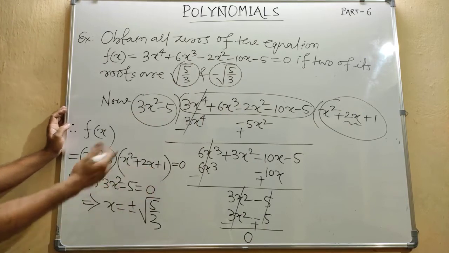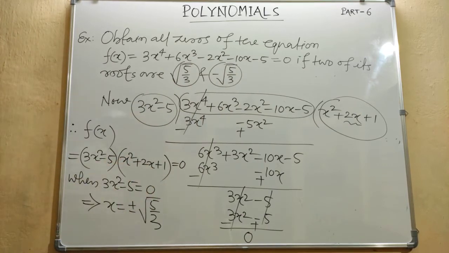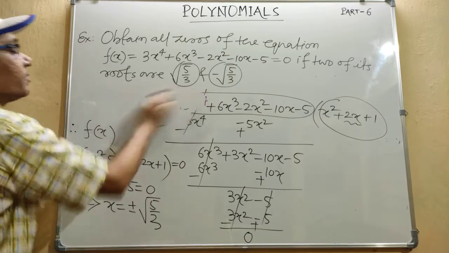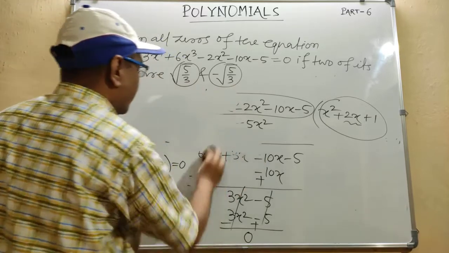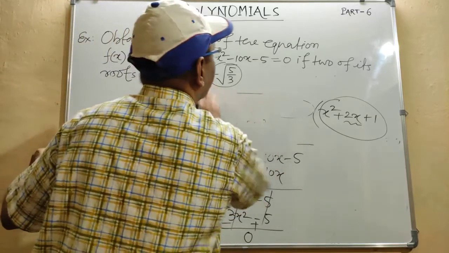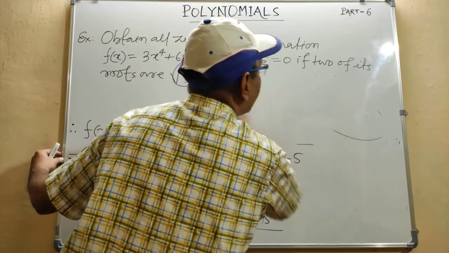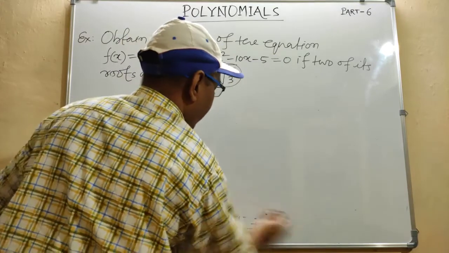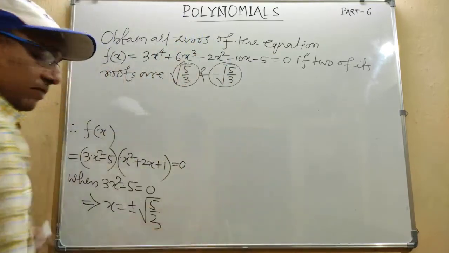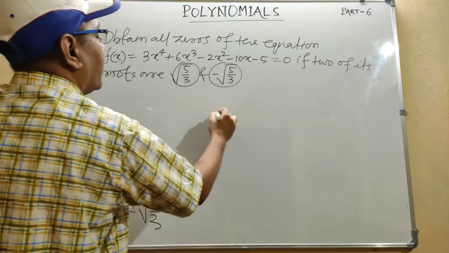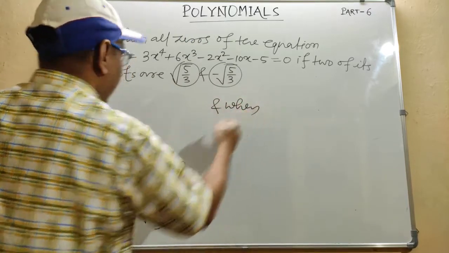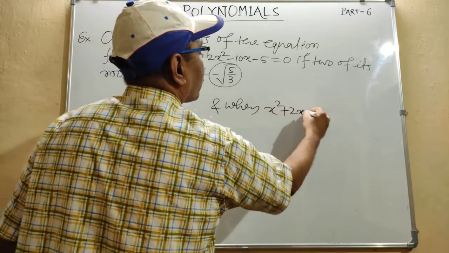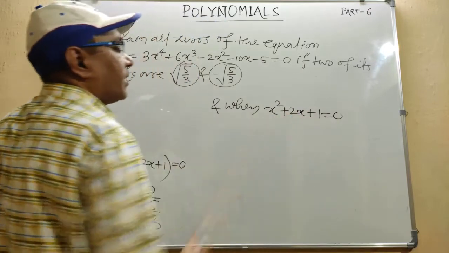Now we will take this as 0 and find the other roots from there. Okay? So when this part, x square plus 2x plus 1, equals 0, then what will be x?